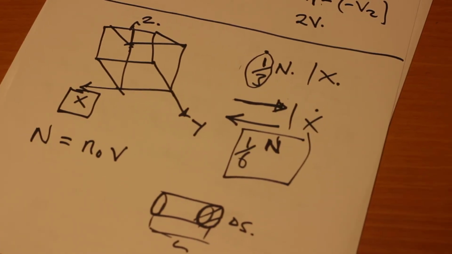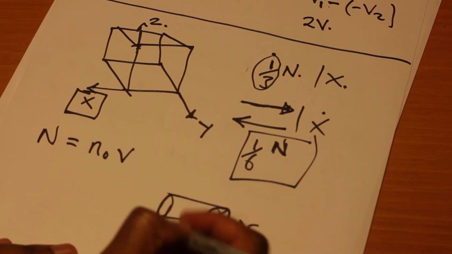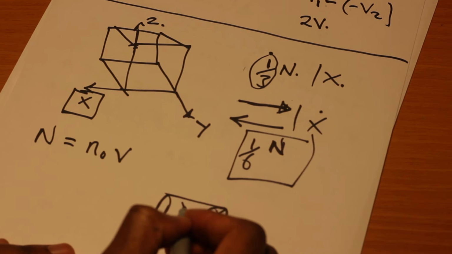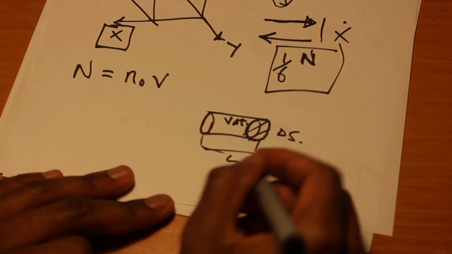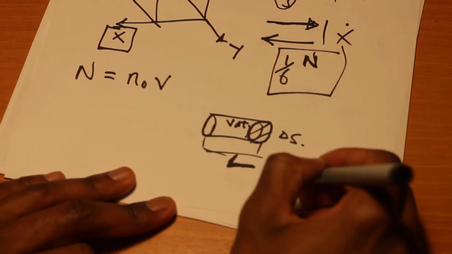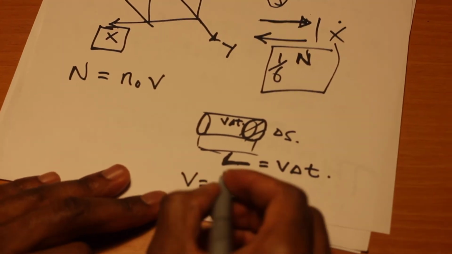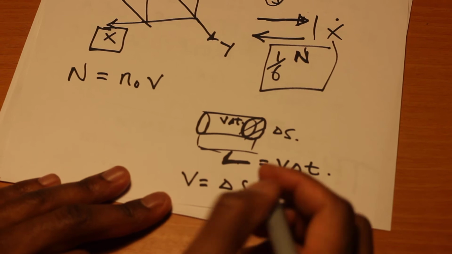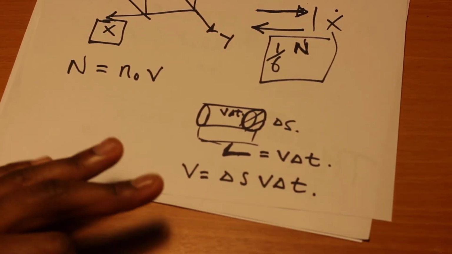From here, we know that there are molecules within this cylinder. These molecules are moving with a certain velocity with respect to time. Therefore, my length L becomes equal to velocity times change in what? Time. And then my volume becomes change in S, which is area, times velocity times change in time.